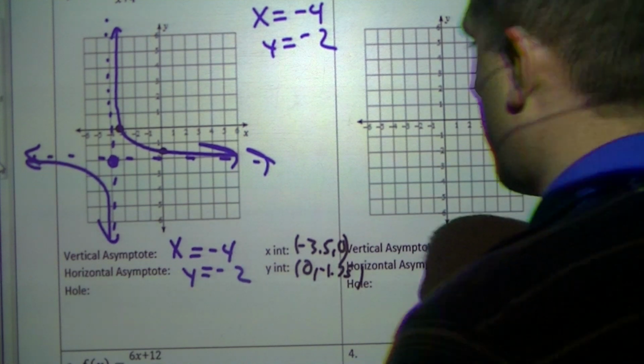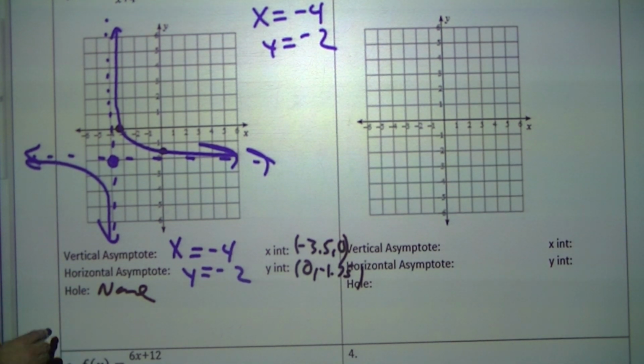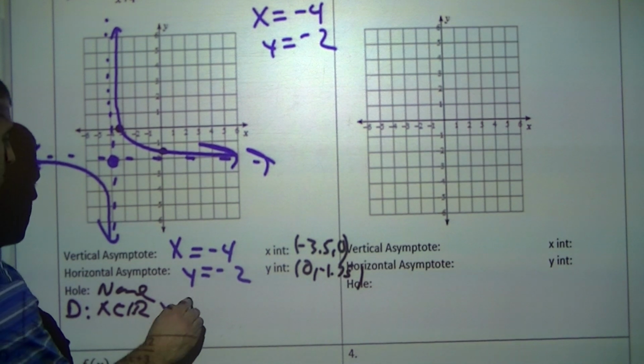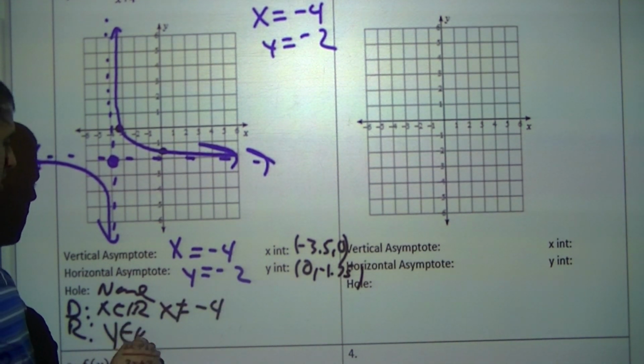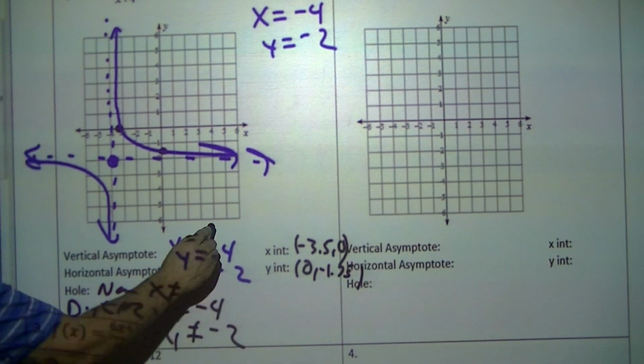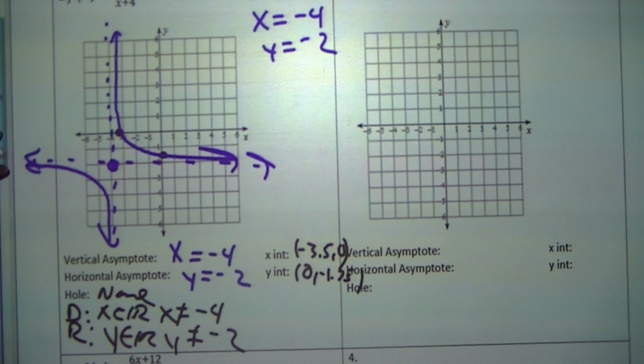Okay, there's no domain on this, so my hole is going to be none. If you're doing the domain, just to let you know, the domain would be all real numbers, but x couldn't be negative 4. The range would be all real numbers, but y couldn't be negative 2. They're the asymptotes. So that's how you do number 1.